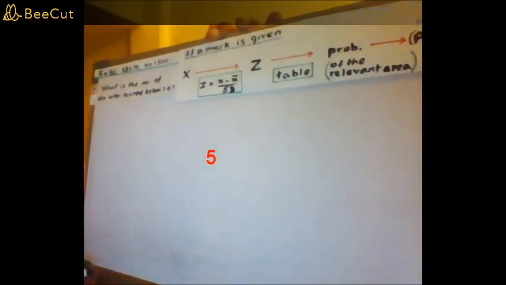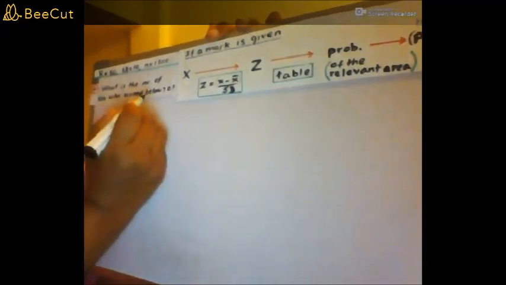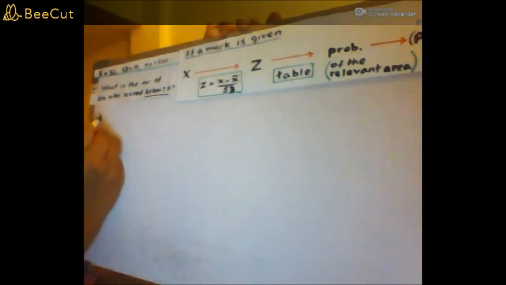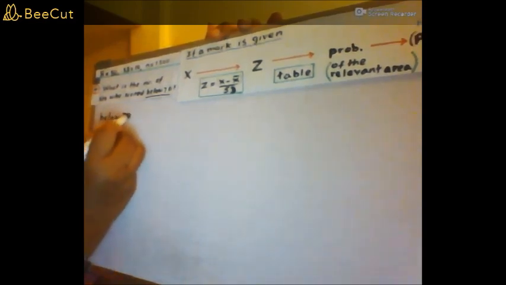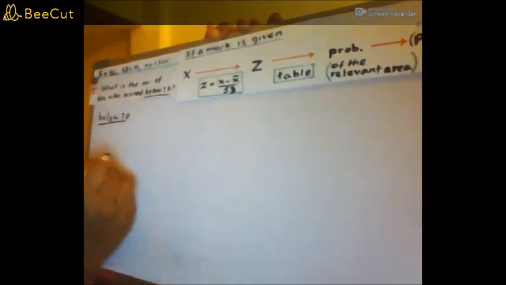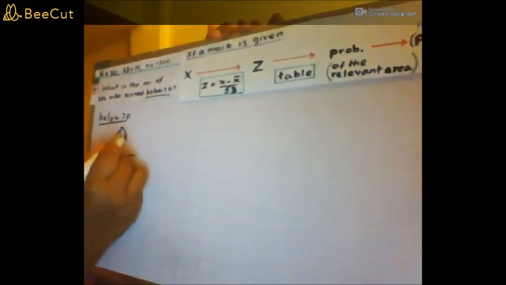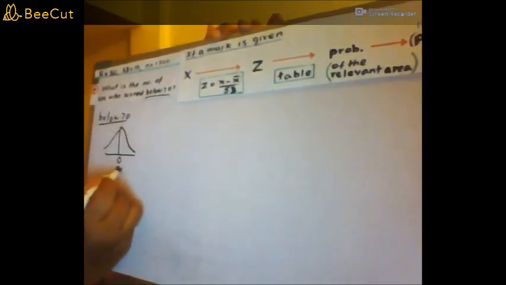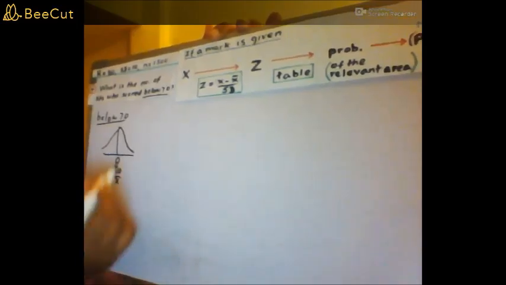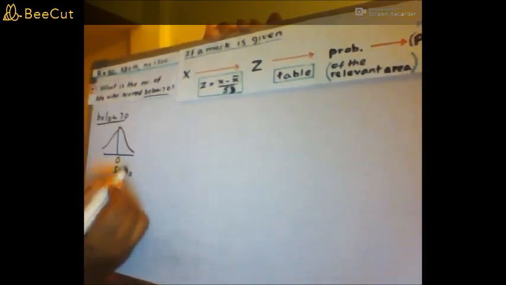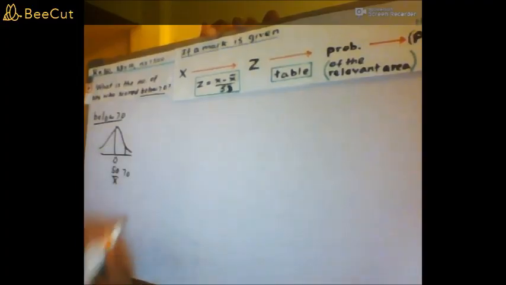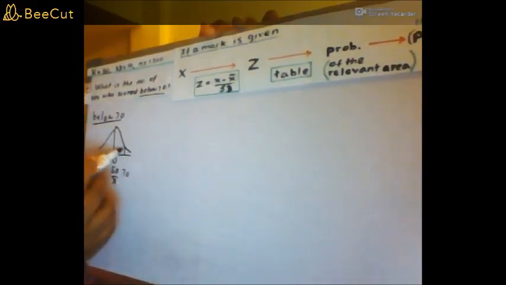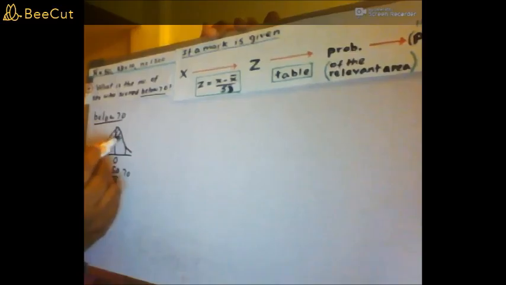Question number 4. What is the number of students who scored below 70? Now draw the curve. Where is 70? Here, on this side, draw the line. Go to the condition, below 70, the whole area. Now you know the area.